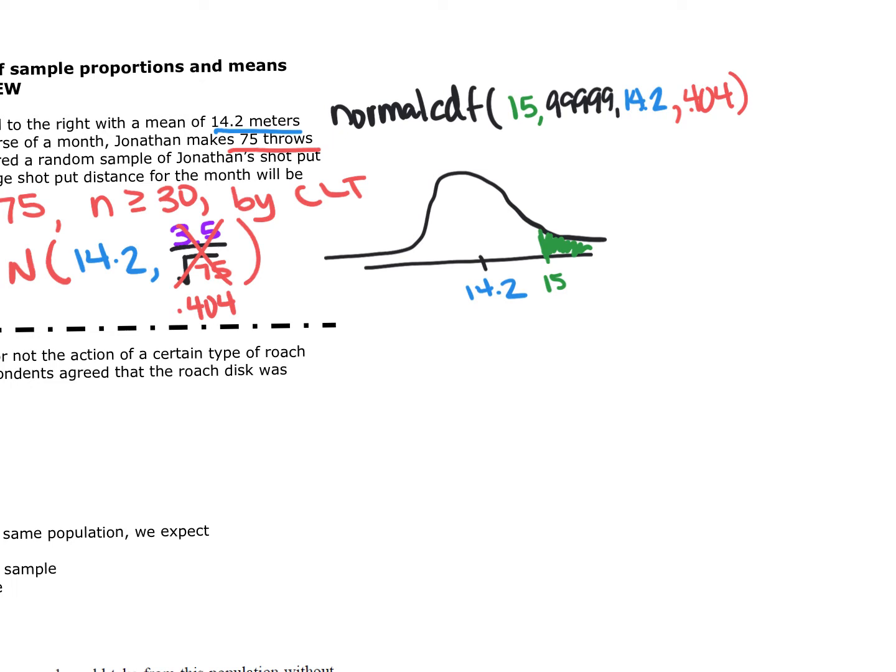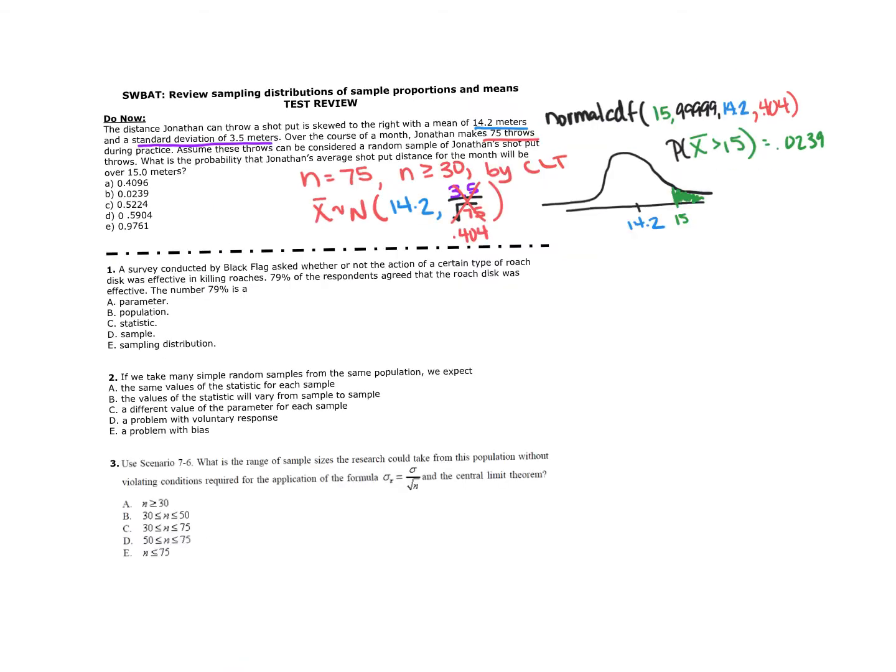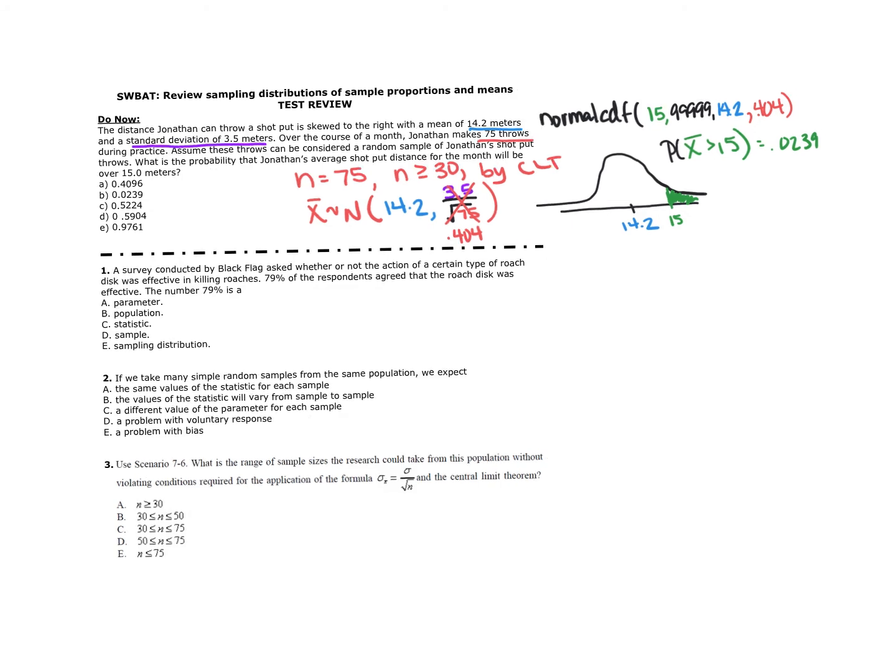So we plug that into a calculator, and we'll get a value that's equal to the probability that your x bar here is greater than 15 is equal to 0.0239. So it looks like the answer here is going to be B.